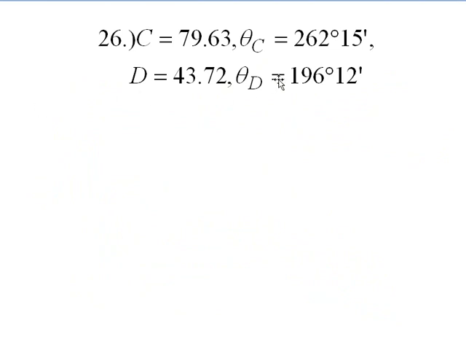Okay, first we have to discuss the error I've made in the slide. This should be 45 seconds, or 45 minutes, and 196.12 minutes. Now when we have minutes, what we need to do is change that into a decimal degree. So what we do, there is 60 minutes in a degree.